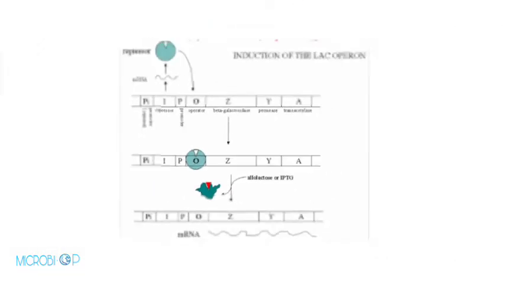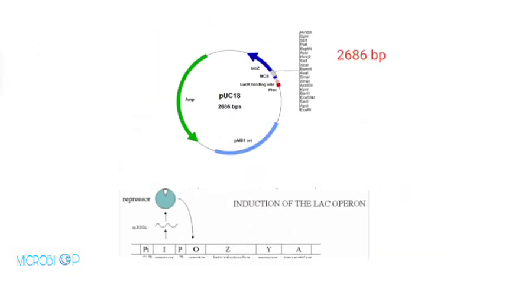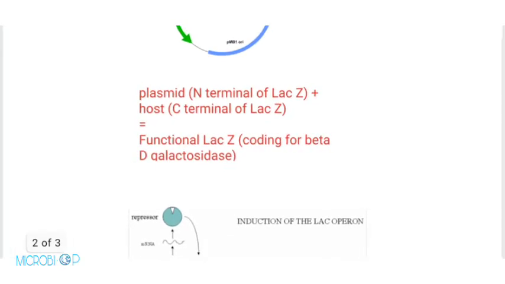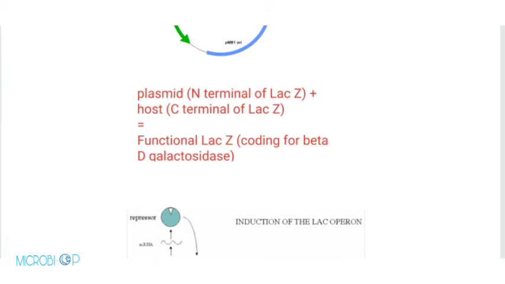I can show you, just a minute. Now this is the thing I was talking about. The plasmid contains the N terminal of the lacZ gene, and the host contains the C terminal of the lacZ gene, and combining those two we get the fully functional lacZ gene coding for beta-D-galactosidase.